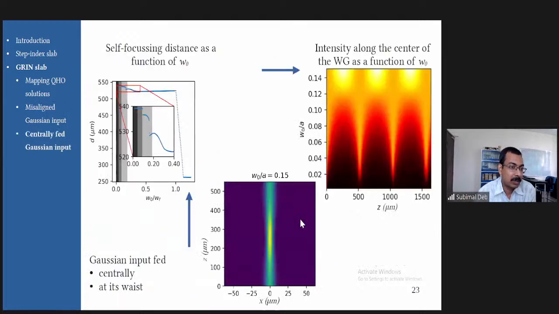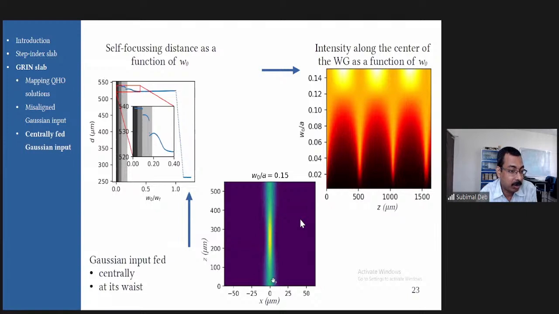Now, what's more interesting is what happens to the intensity as the beam is injected. Well, the beam is injected at z equal to 0, propagates along the waveguide, and it is focused somewhere around 250 microns. And it is focused around 250 microns if the width of the input beam is more than the width of the fundamental mode.